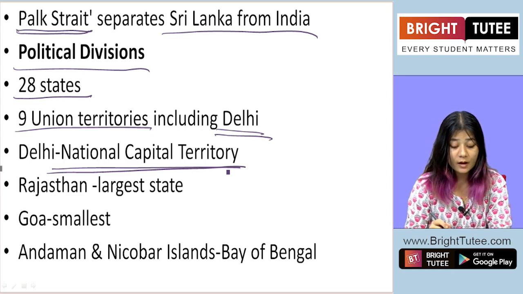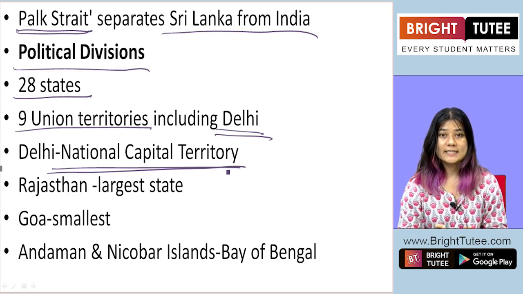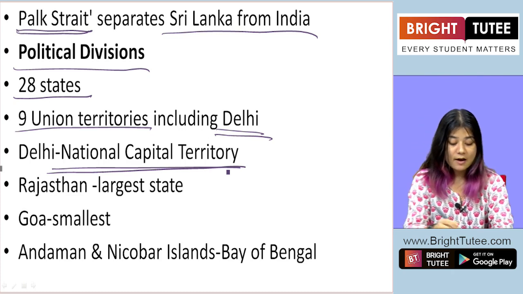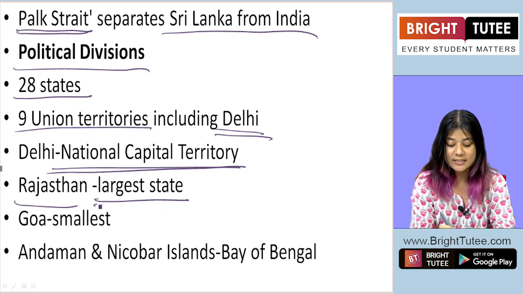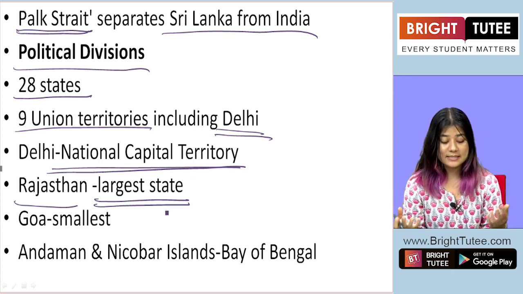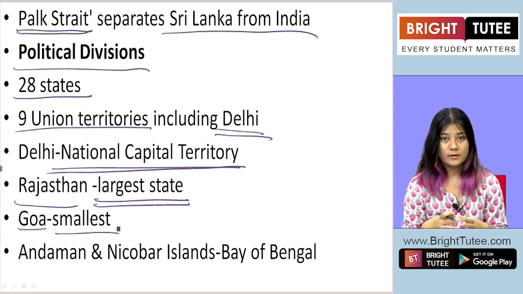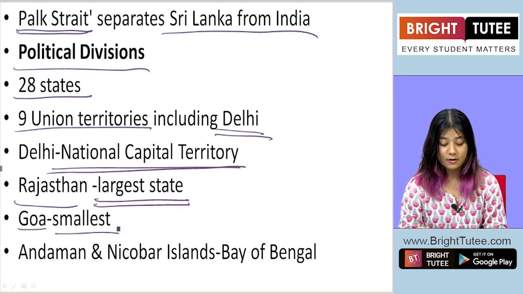Rajasthan is the largest state area-wise, and Goa is the smallest state.